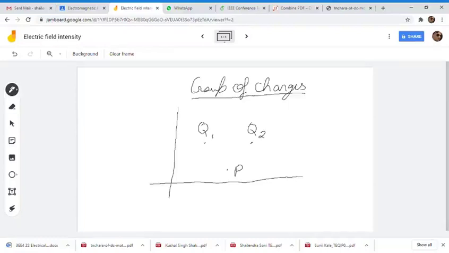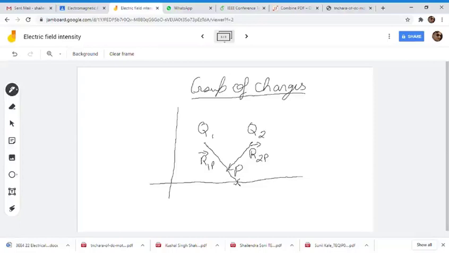So if this is your electric field E1, this is R1P, and you can easily write these line vectors, distance vector. R2P is the distance between charge Q2 and P.